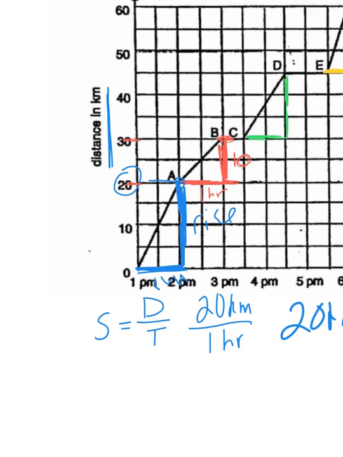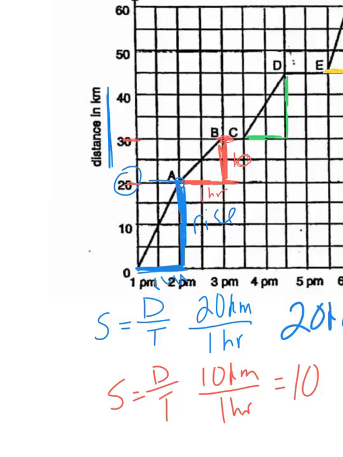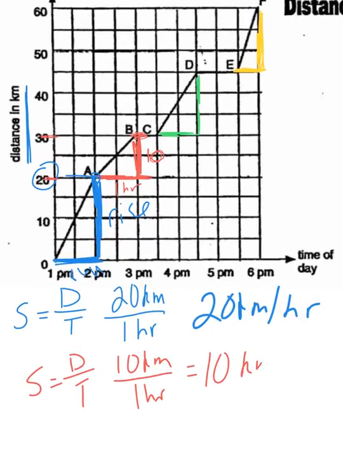So if I go back to my formula and I want to know the speed of the red line, the distance that it went up was 10 kilometers. And how much time? 1 hour. You simplify that, it's 10 kilometers per hour. So obviously red is not the correct answer, because 20 is faster than 10.